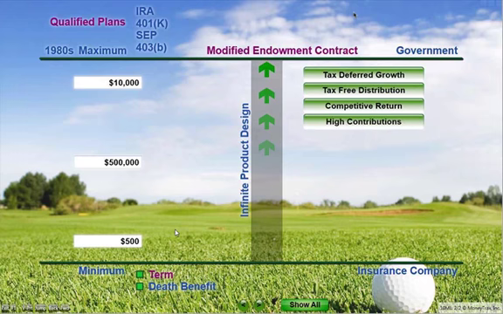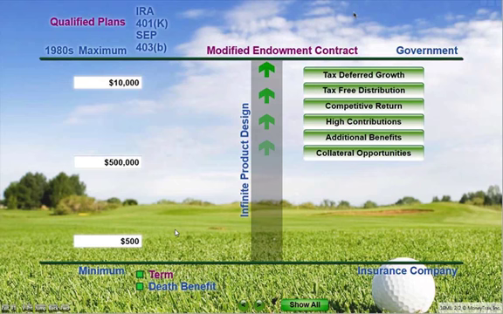Competitive return, high contributions, no limits like qualified plans. Additional benefits such as lawsuit protection would be nice. Collateral opportunities, like we talked about, and we want the ability to borrow against our dollars or collateralize our dollars to allow for continual compounding.